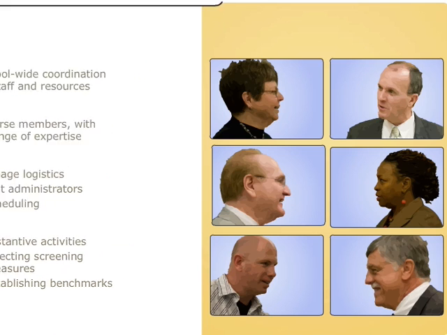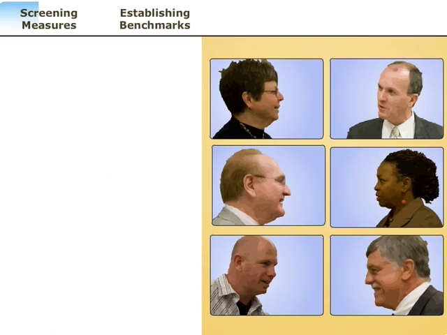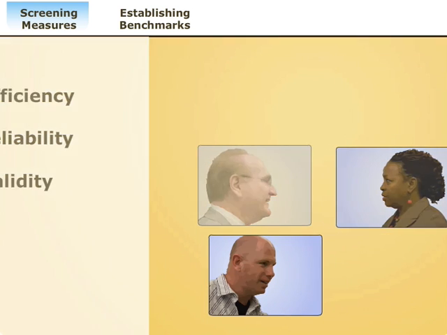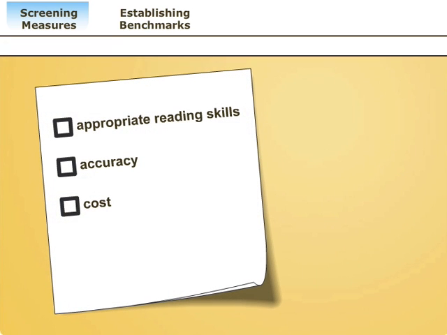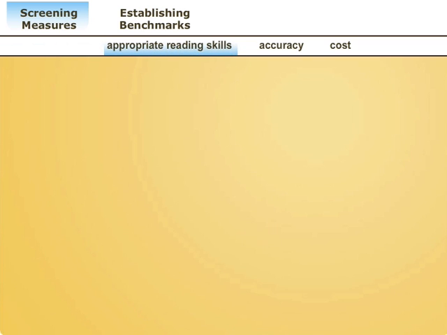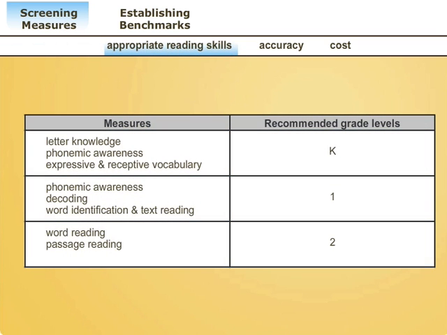When considering which measures to adopt, the building-level team should give special attention to each measure's efficiency, reliability, and proven validity. Specific factors to consider include ensuring that the appropriate reading skills are being measured, how accurately the measure predicts risk, and cost. Screening measures should focus on appropriate reading skills for each grade level.